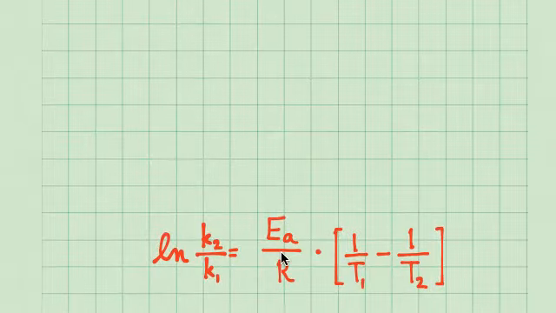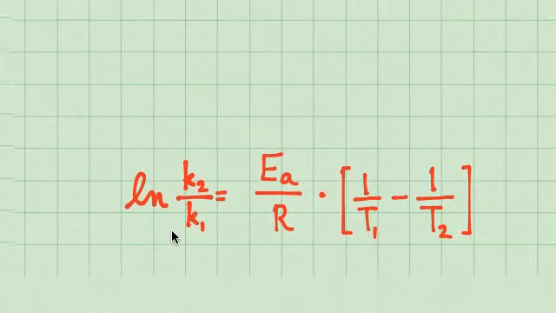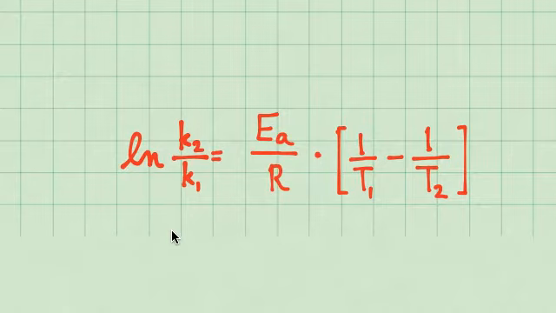Interesting. So what if we wanted to use the 108 right here in what I call the 2-point form of the Arrhenius equation? It's useful because we eliminated the need to know that constant A, depending on collisions and orientations and probabilities and stuff like that.